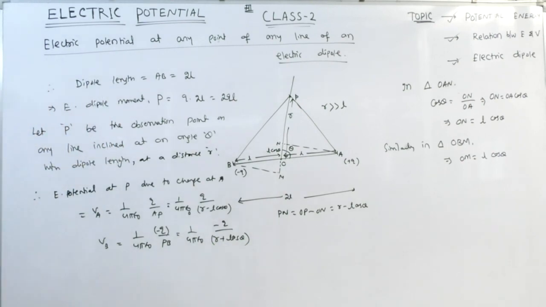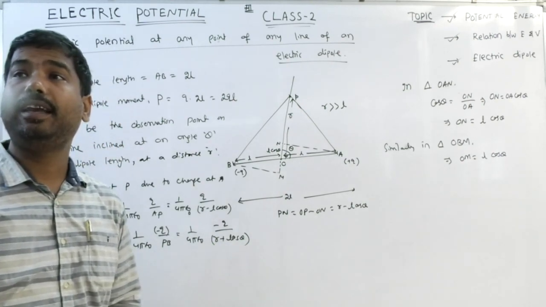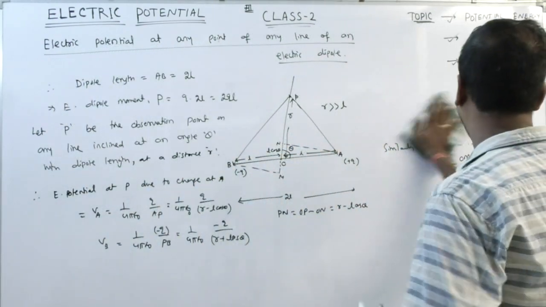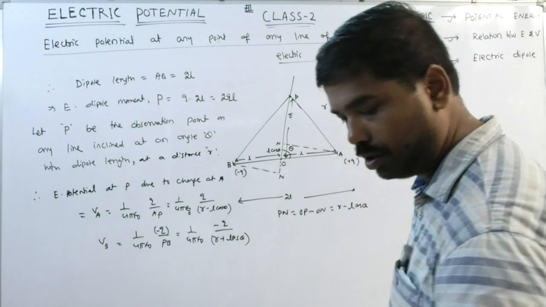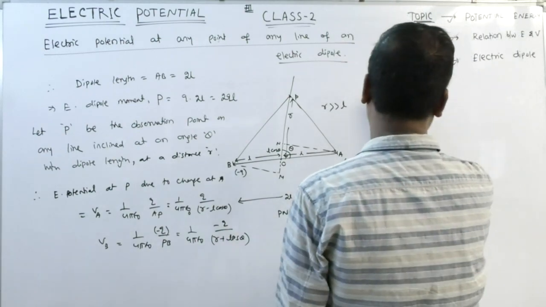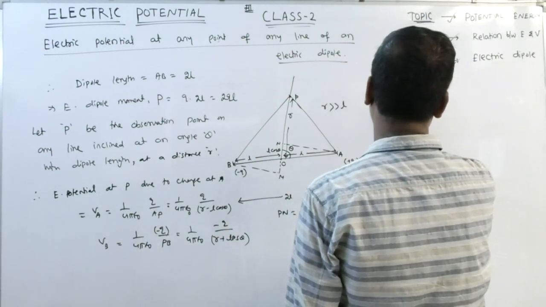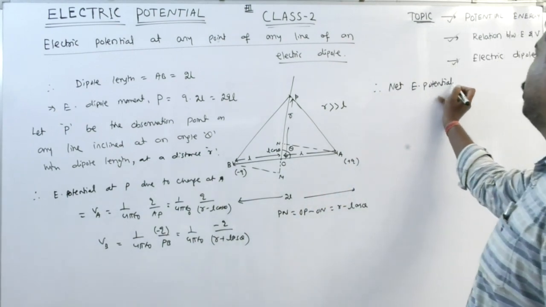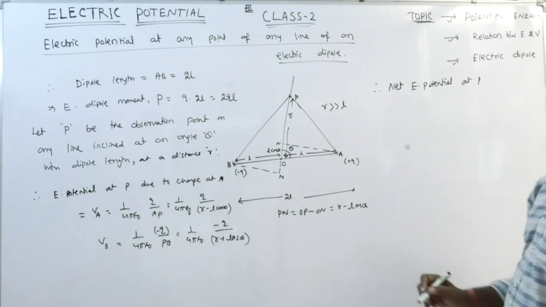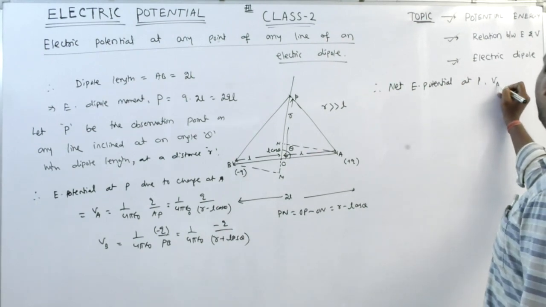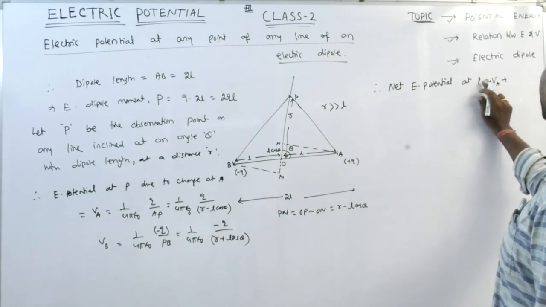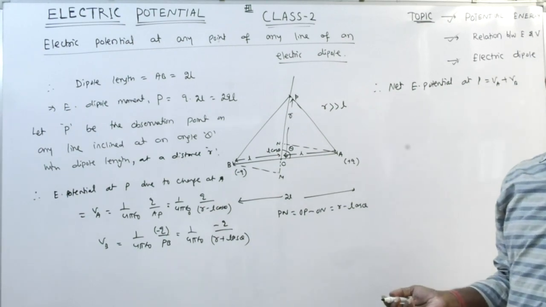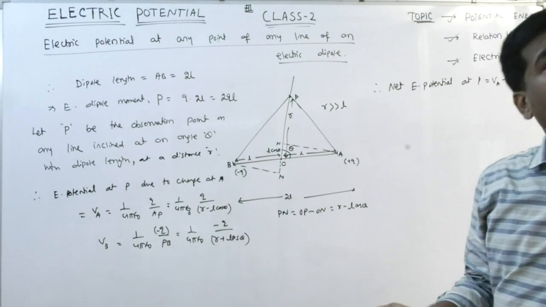Listen to me. Potential is a scalar quantity. Therefore, net electric potential at P is V_A plus V_B. Clear? Because potential is a scalar quantity, it can be added algebraically.